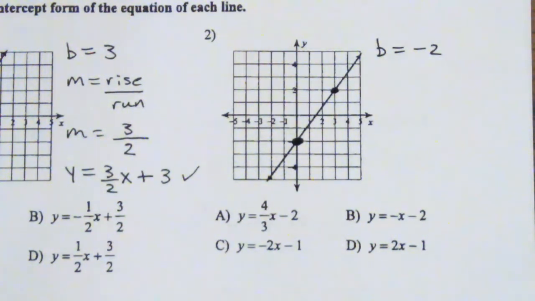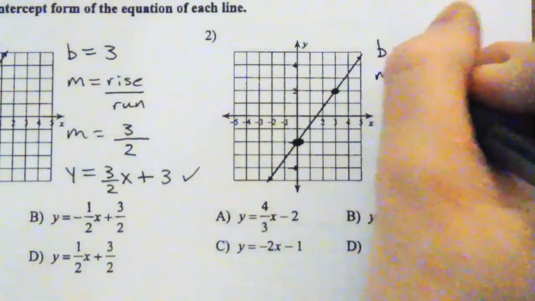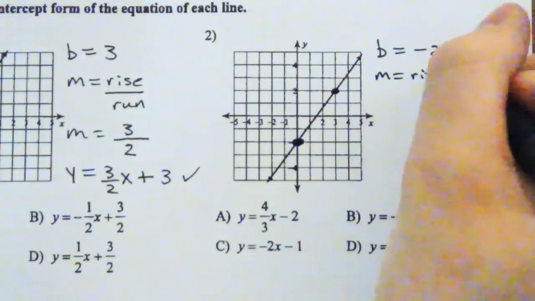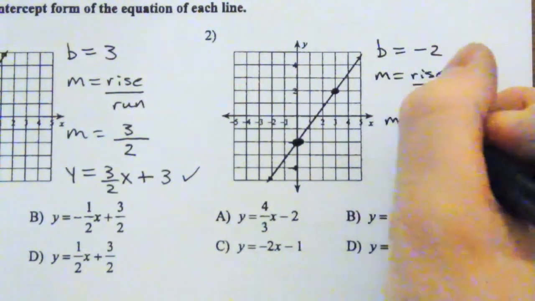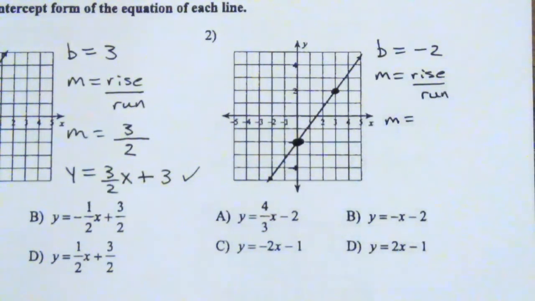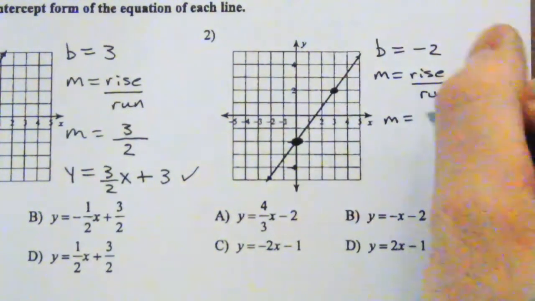So now you're going to ask yourself, how far up do I need to go to get to that point? And how far to the right do I need to go to get to that point? So m is going to be rise over run. How far up do I need to go? 4. So my top is going to be 4.